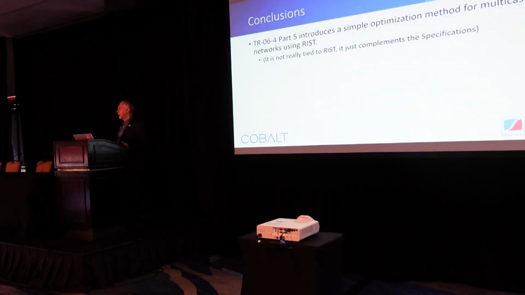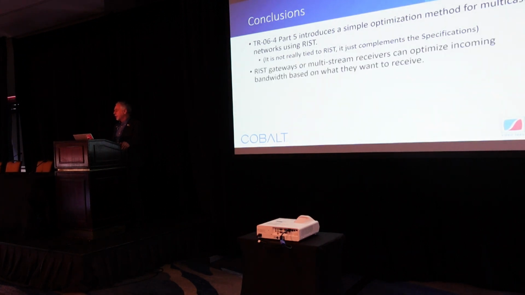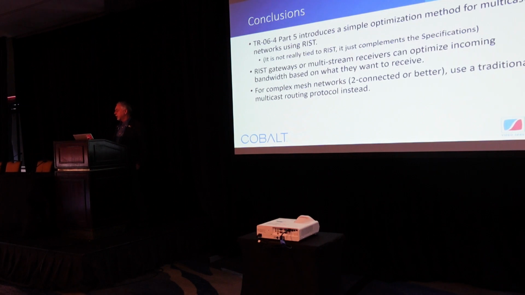It's just a good idea. It was driven by people asking for it, but it complements the specification. So it's there for you. RIST gateways or multi-stream receivers can optimize incoming bandwidth based on what they want to receive. So essentially, it's very simple: don't send me what I don't want.